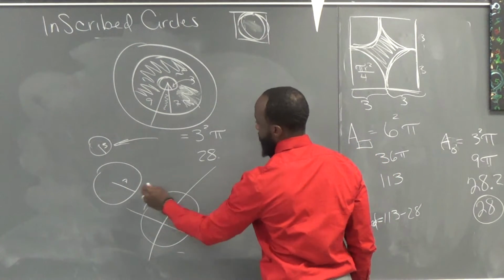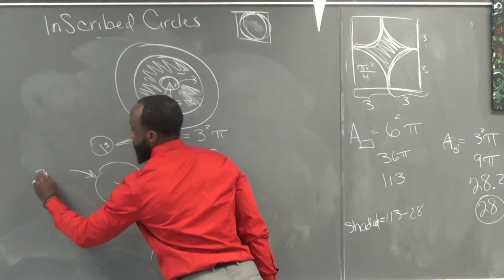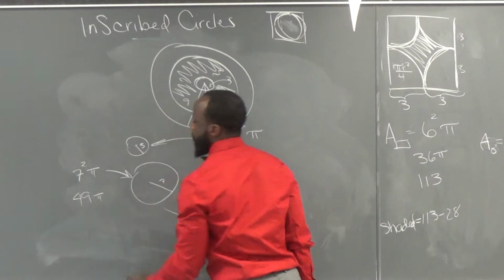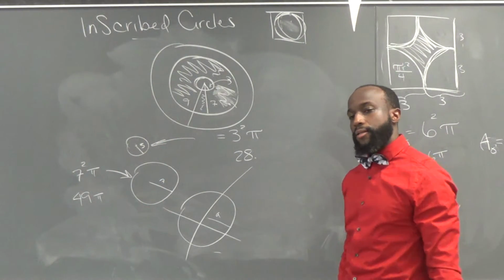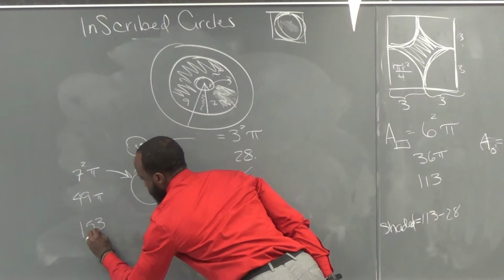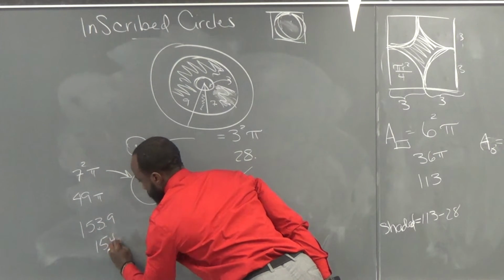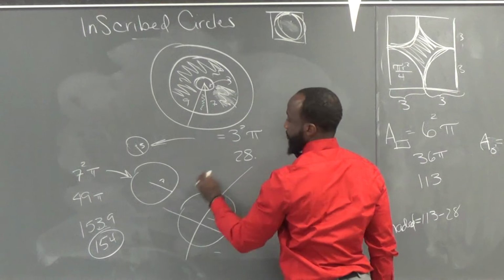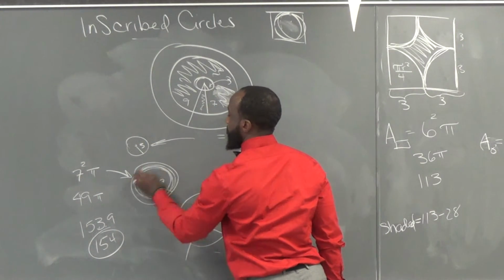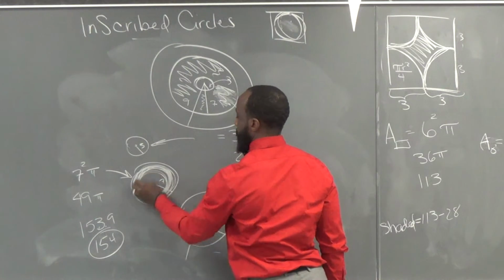And then the area of this one is going to be 7 squared times pi, which is 49 pi, which gives me a total of 153.9, which is 154. So this is 154, and inside of 154, there's an area of 28.